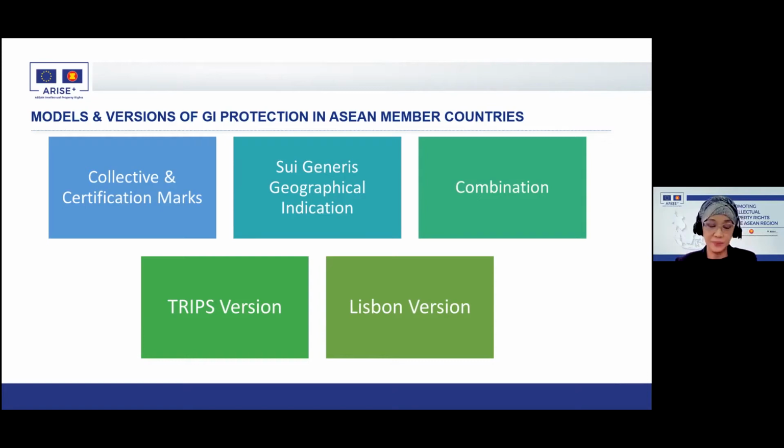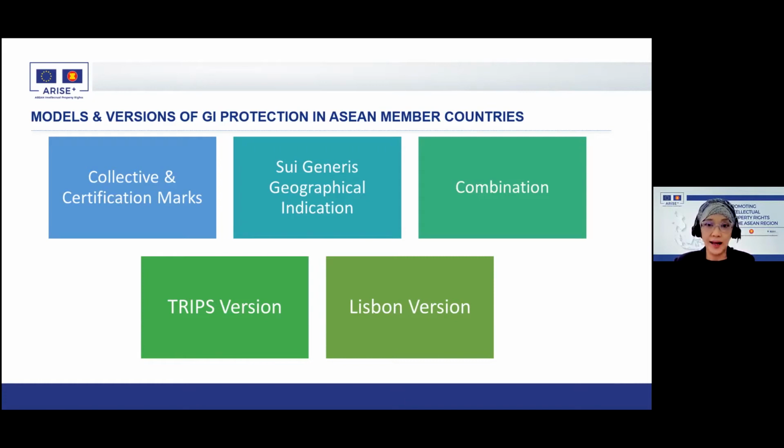There was a history about it. I don't want to talk about it, but in short, in TRIPS, all contracting parties or members of TRIPS shall provide a legal means to protect GI at the domestic level, whatever the form of the legal means is.